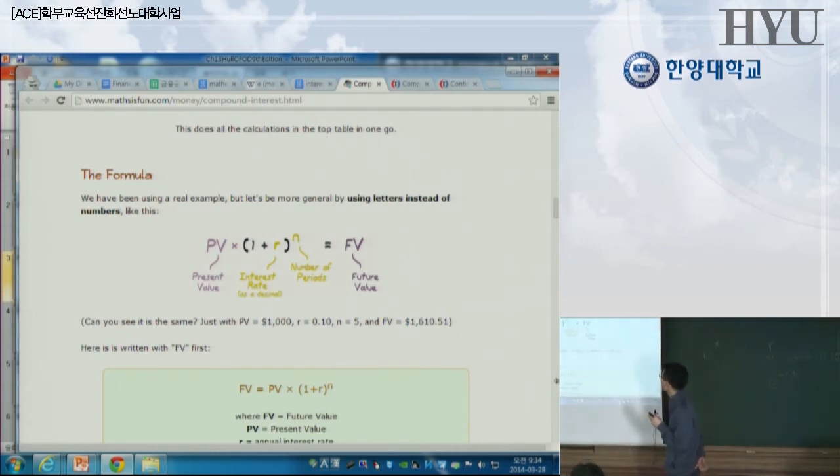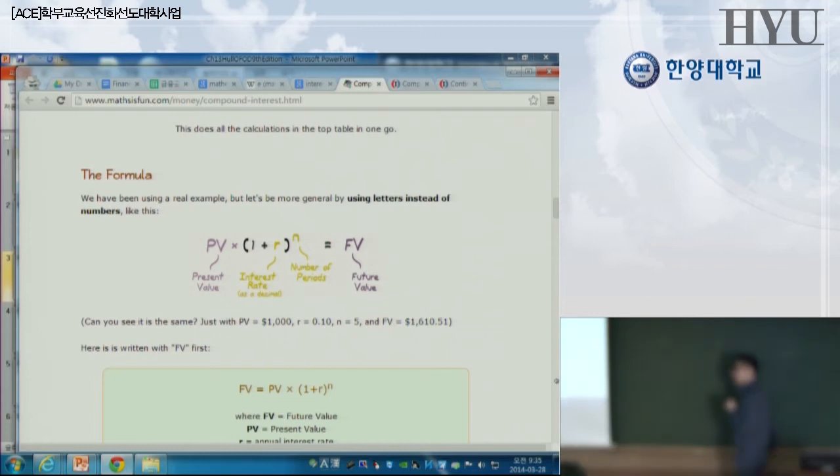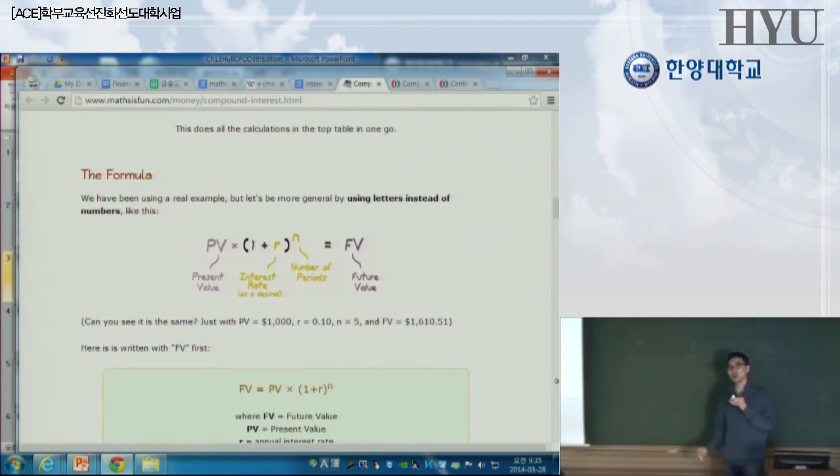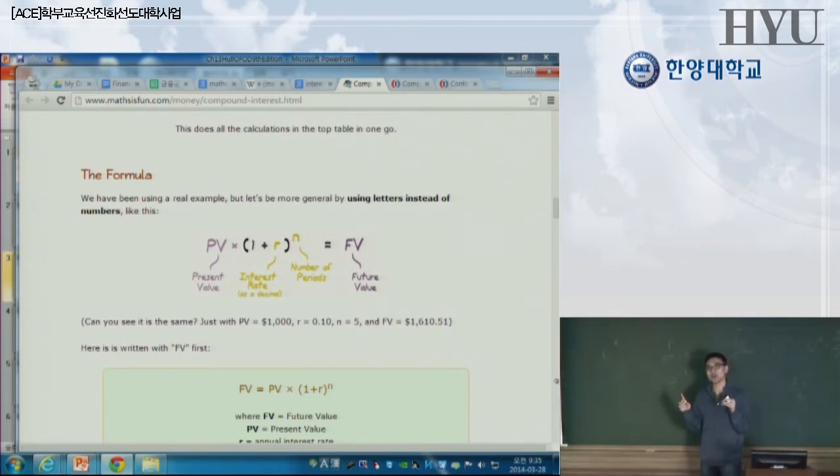Then our question is, what if we divide the interest rate over some periods and compound it over those periods? Suppose the interest rate is R, and suppose we divide that interest rate over n periods.